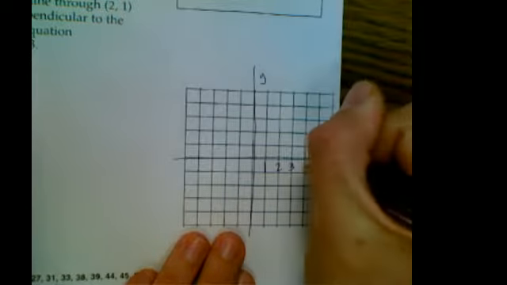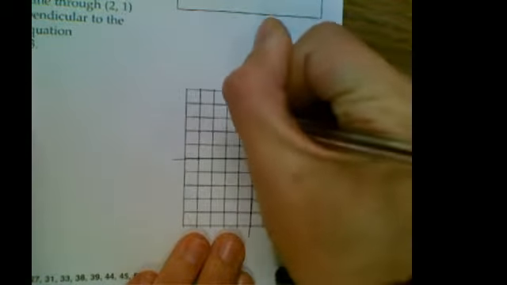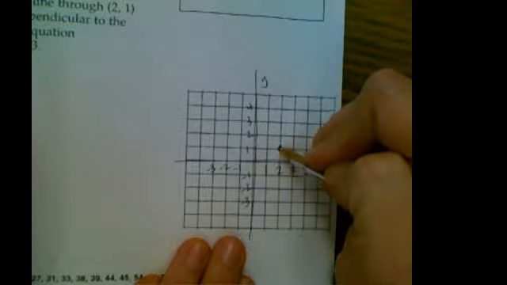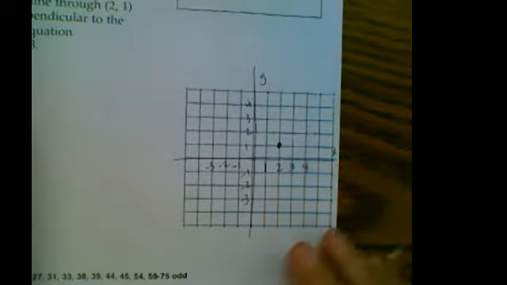I'm going to label it so we know what we are counting by. Okay, so the point was (2, 1), so I'm going to go to the origin, go over 2 and up 1. There's my point. Remember, your ordered pair is always x, y.